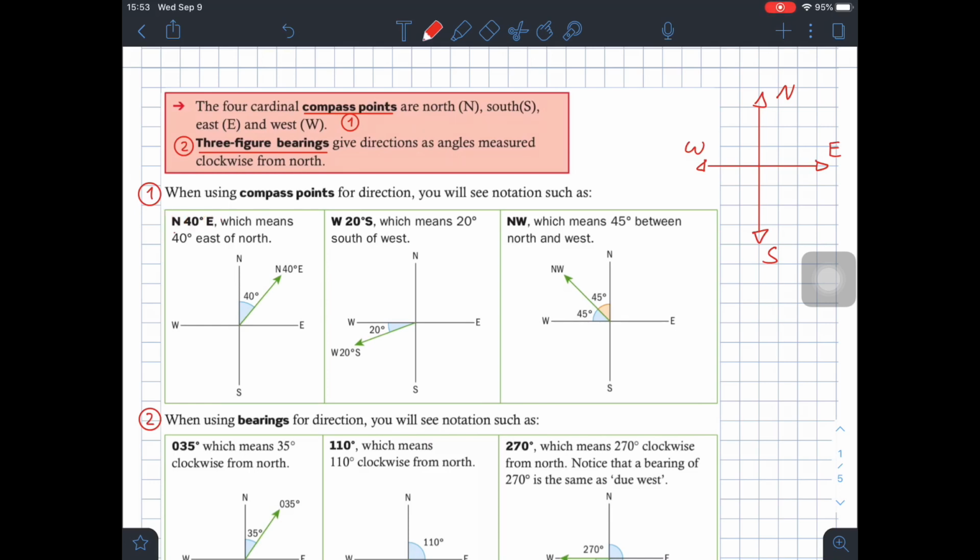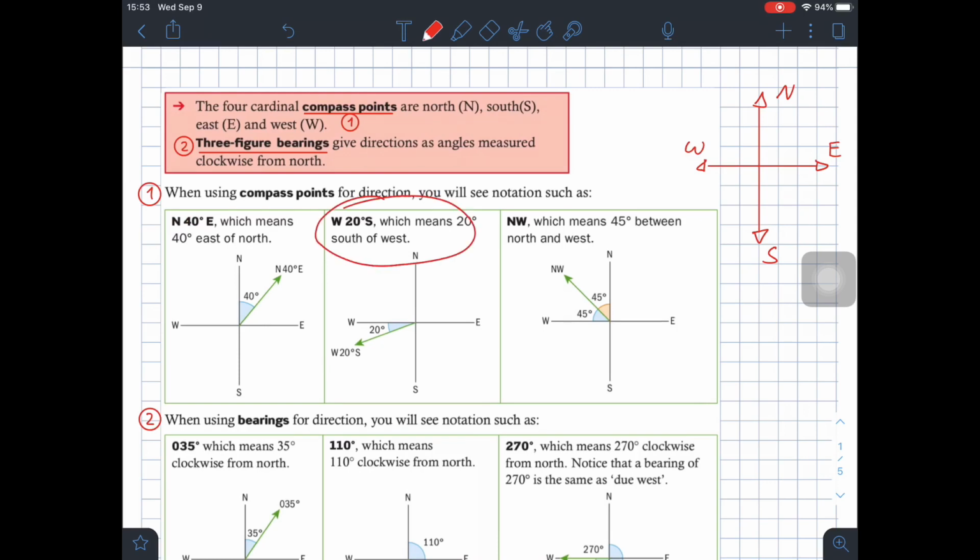So for example, north 40 east means that I first go north, and from this direction I would go 40 degrees to the east, right? To the east, which is to the right. So 40 degrees, and here I have the final direction of this problem, right? So you first follow this direction, you measure this angle, and then you follow this direction. Or you end up in that direction, basically.